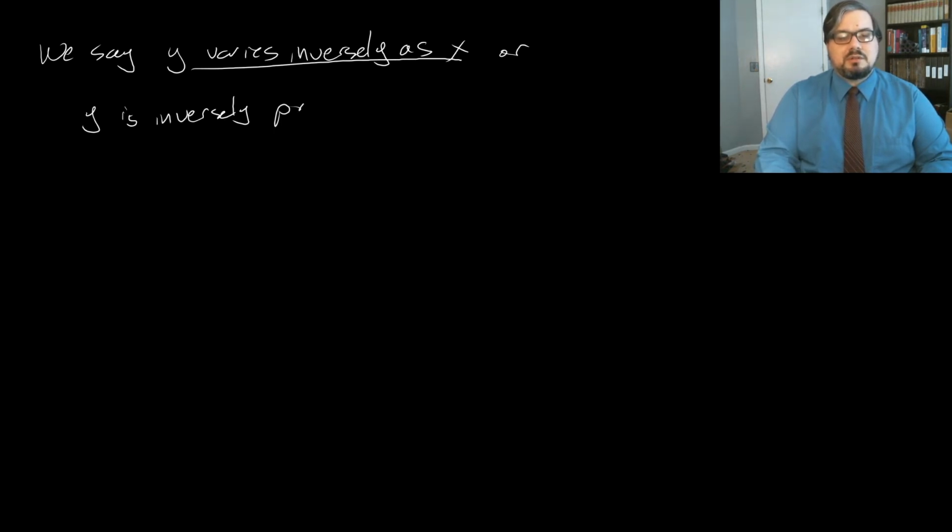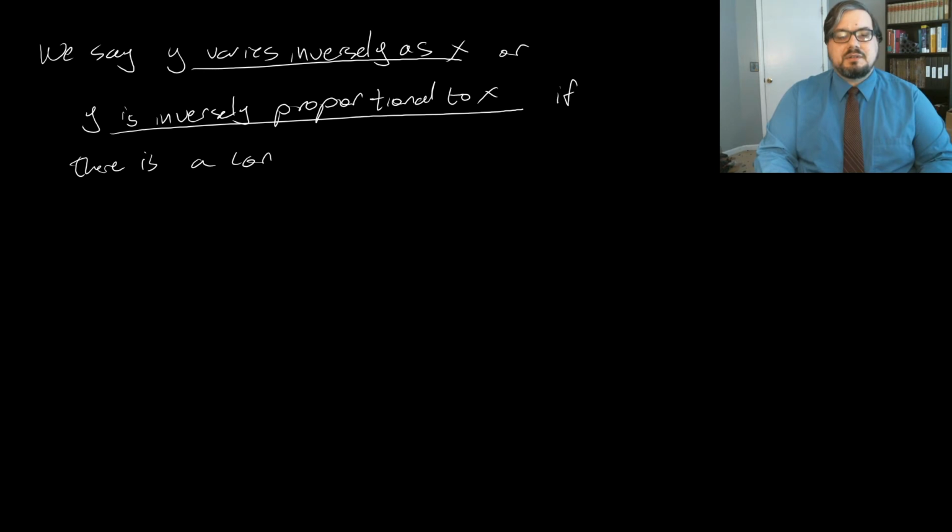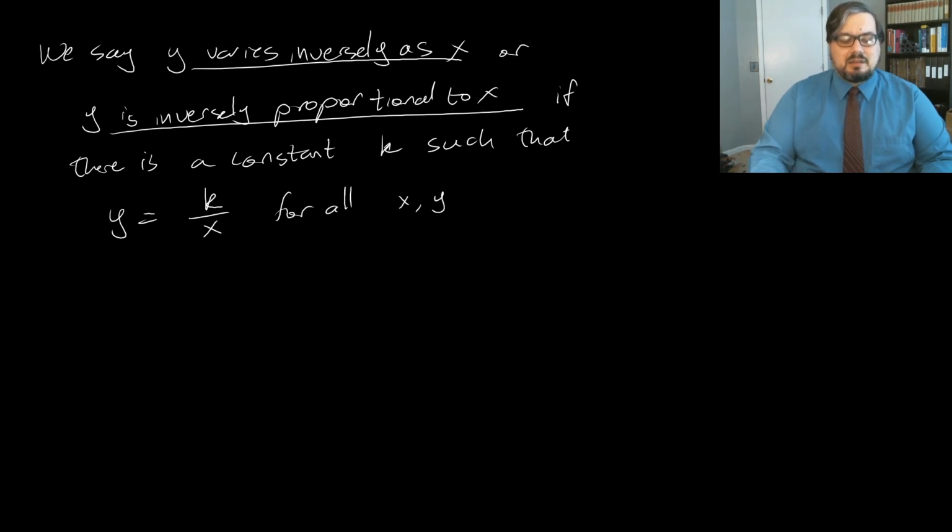So we say that y varies inversely as x, or y is inversely proportional to x, if there is a constant k such that y equals not k times x, but k divided by x for all x and y.